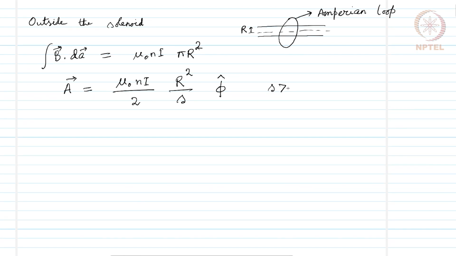Here s is greater than or equal to R. So, this is the expression of the vector potential outside the solenoid. Remember, if the field is 0, the potential is not necessarily 0, the potential can have some finite value, and this is the value of the potential, but it will give you the field to be 0 outside the solenoid.